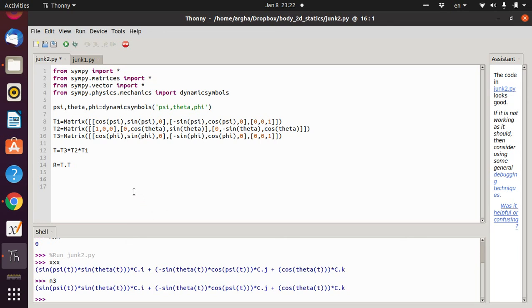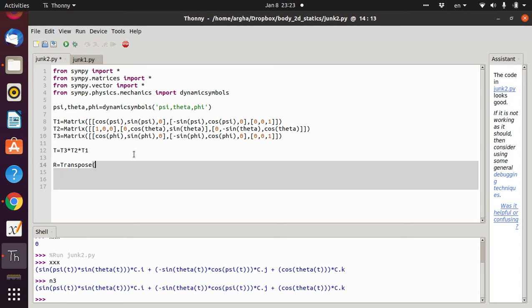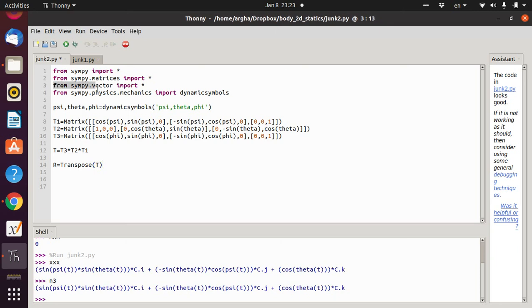In the last lecture we have seen how to get the rotation matrix from the transformation matrices. This we did in our last class, and in this code we have imported one new library, that is SymPy vector.